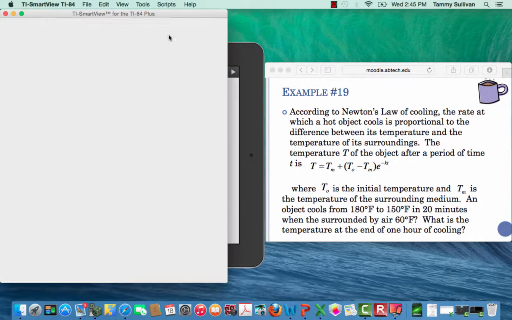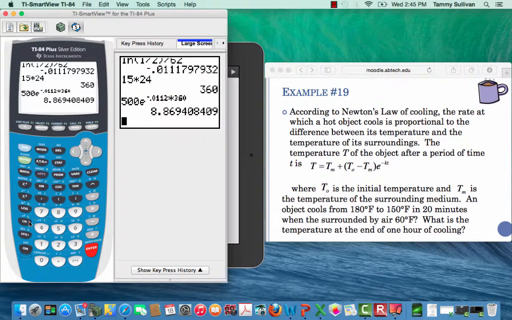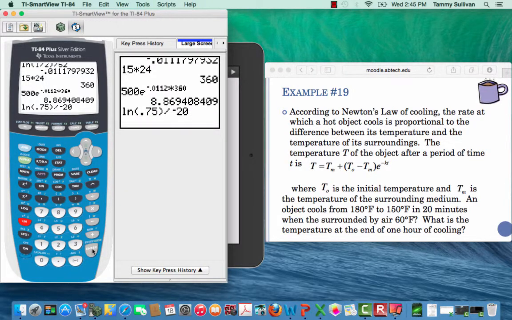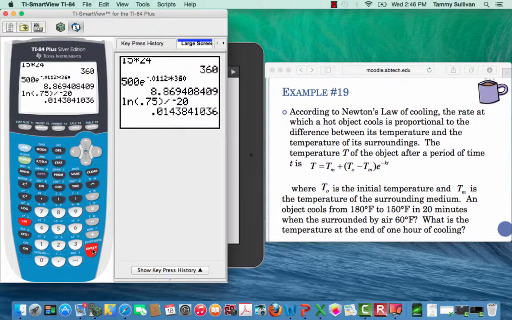So in the calculator, I'm going to put the ln of 0.75, and I'm going to divide that by negative 20. So I'm getting 0.014, basically 4.